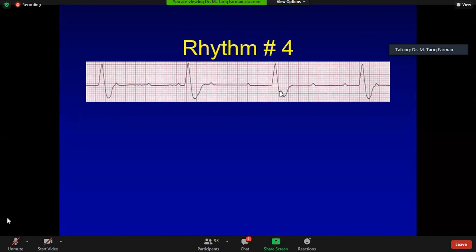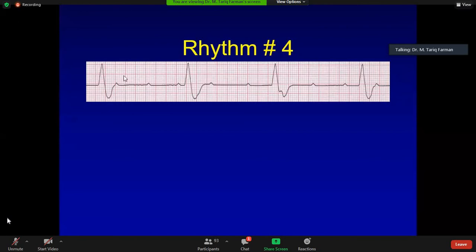See, this is a P wave. And then this P wave, then again P wave, PR interval. So the PR interval is not fixed. It's short here, it's very prolonged here, it's prolonged here. So the PR interval is constantly changing. It's variable, it's not fixed.